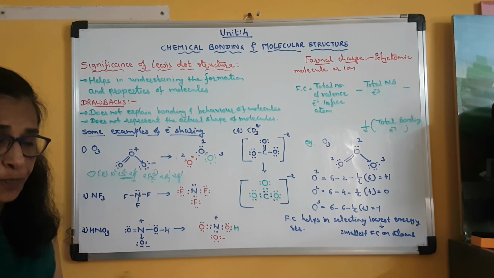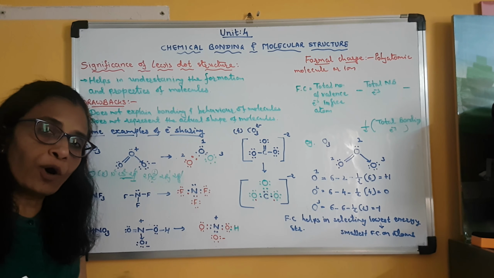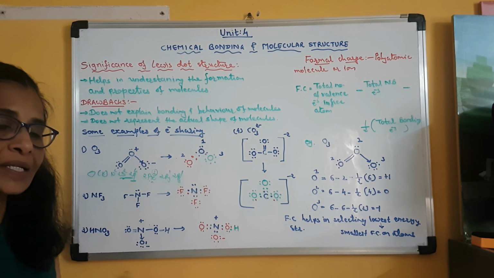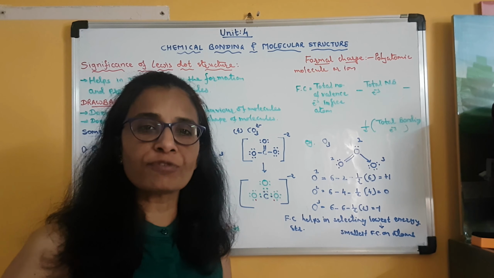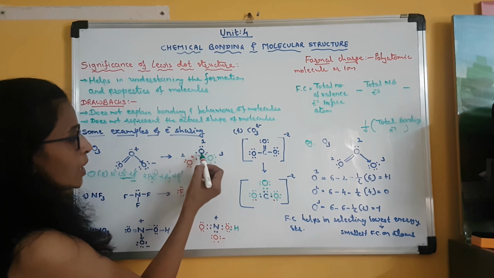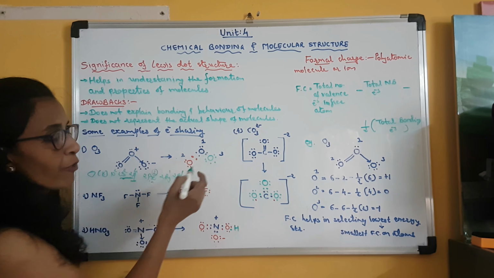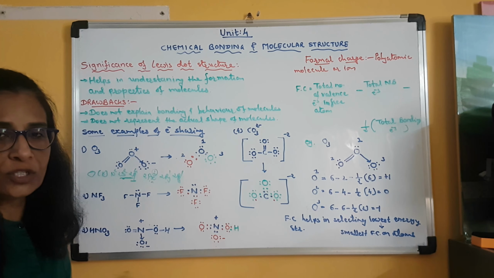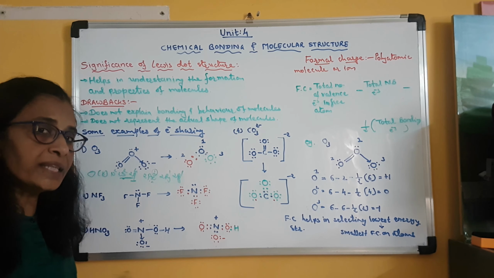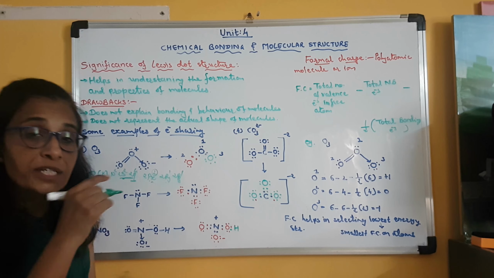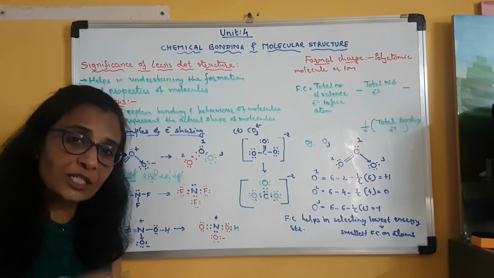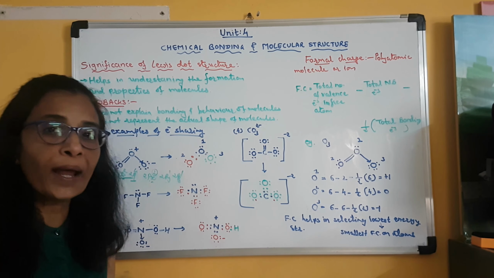Clear? As per the rule, in covalent bond formation, all participating atoms must contribute an equal number of electrons. But here, when the covalent bond is formed between the first and the third oxygen atom, there is a contribution only from the first oxygen atom. As per the rule, it has to contribute only one electron.